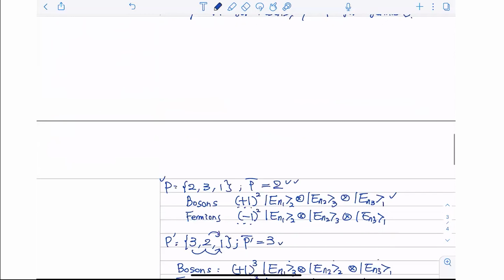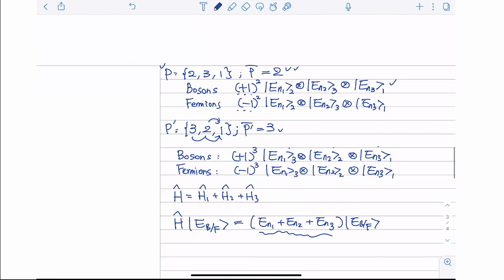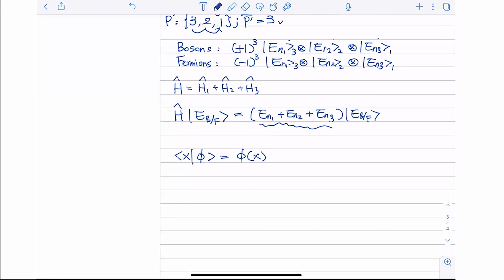But also, because we include this non-trivial -1 factor, it takes care of the fact that whenever we swap the position of our wave function, it will pick up the corresponding +1 or -1 sign. The reason is, as usual, when we want to write down the wave function of a single particle state, we use the bra of the position operator X and take the inner product with this wave function phi.